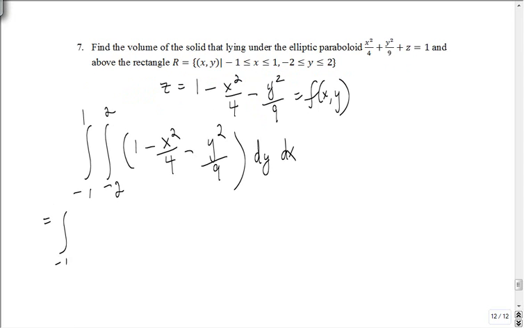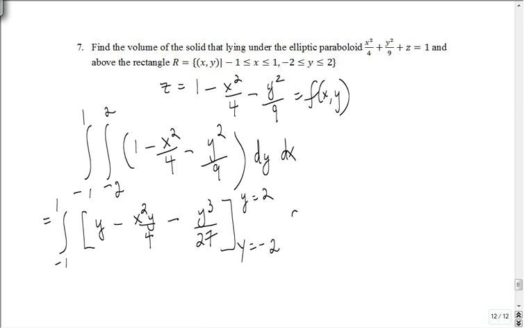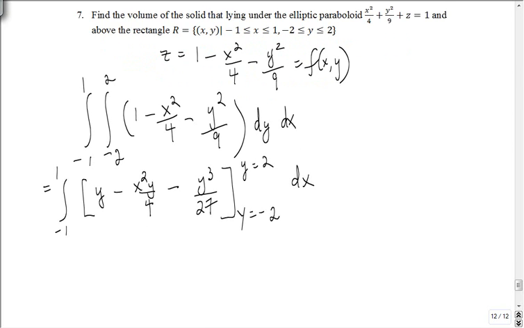All right, so negative 1 to 1, integrate with respect to y: y minus x squared y over 4 minus y cubed over 27, y goes from negative 2 to y equals 2, dx.